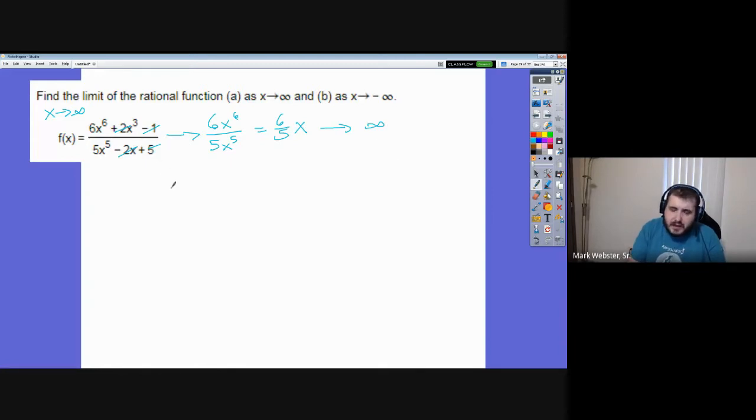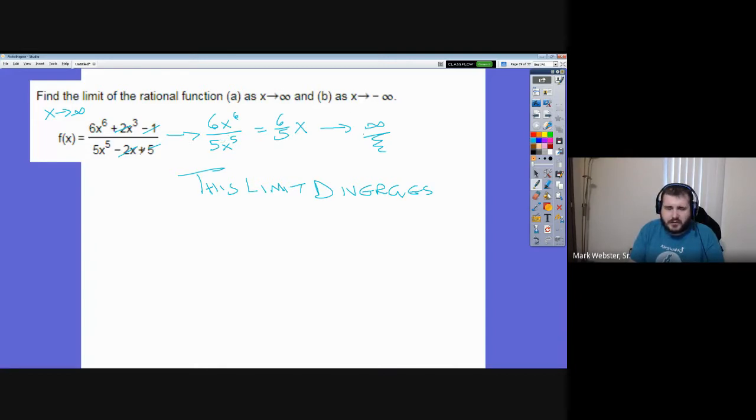Now, we would say this limit diverges. Even though infinity is our target, as x goes to infinity with the limit, what does the function go to? What's the limit of the function? Infinity.